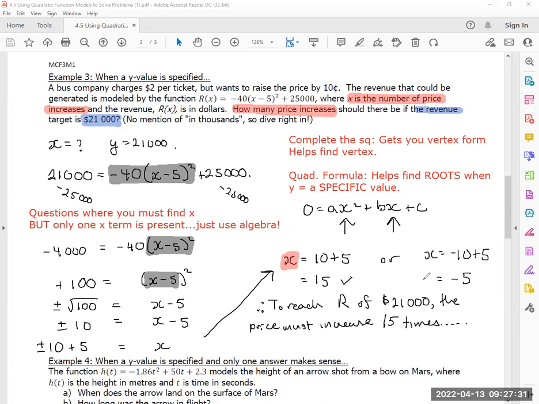Yeah. So in this particular model, I could still reach a revenue of $21,000 if I made it cheaper. And if I make it cheaper in a business model, what would you expect to happen to the number of customers? So mathematically speaking, it sort of makes sense.